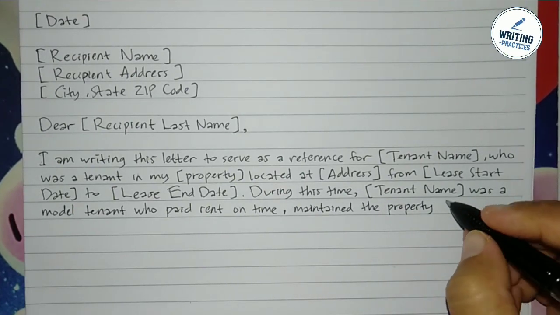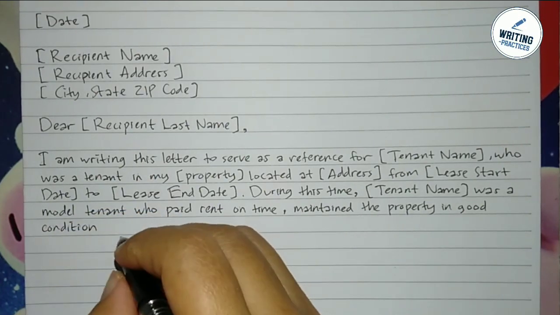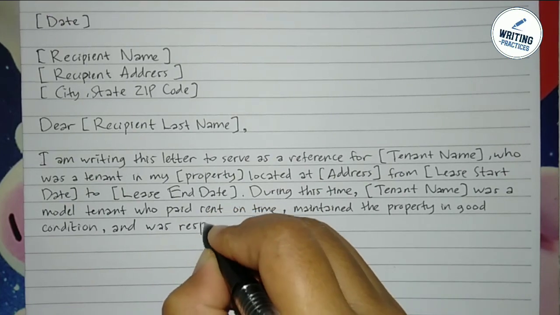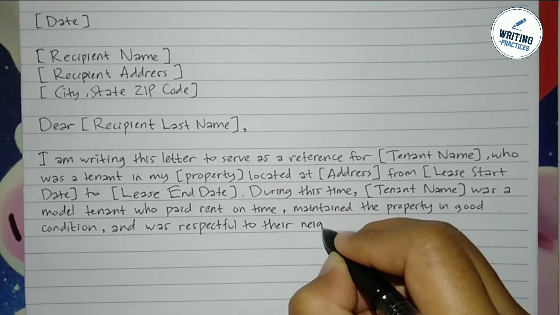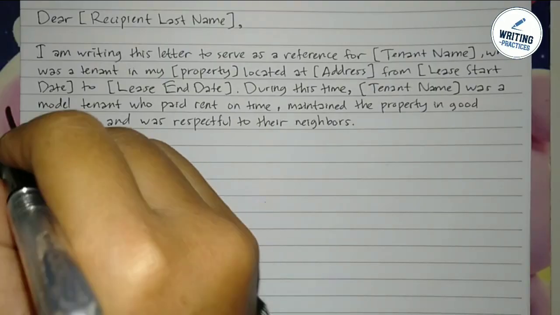Or explain how the tenant was respectful to the neighbors. Just mention what you like from the tenant during the rent of your property. Remember, you want to recommend this tenant, so you must mention good things only.